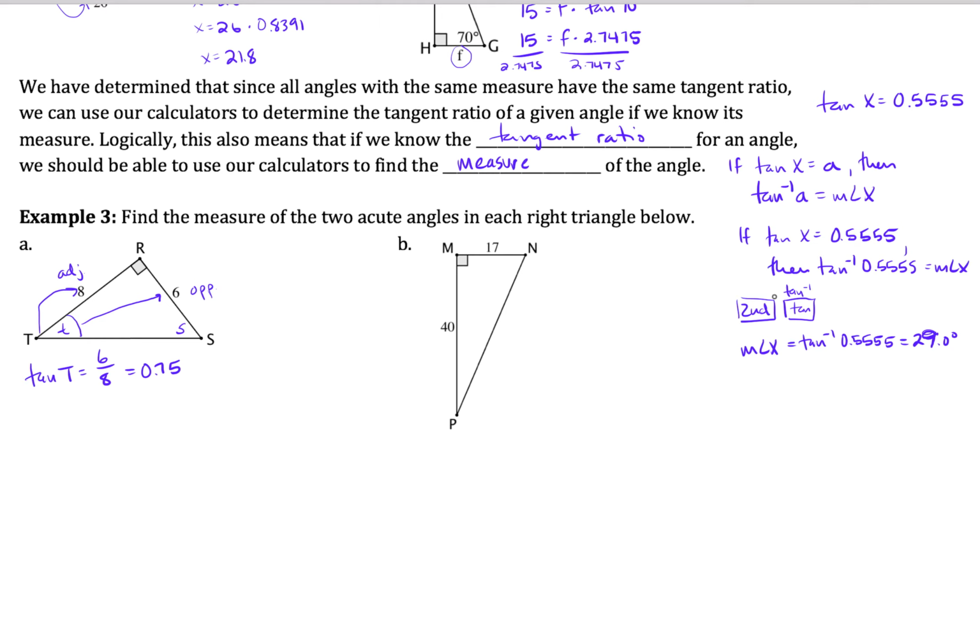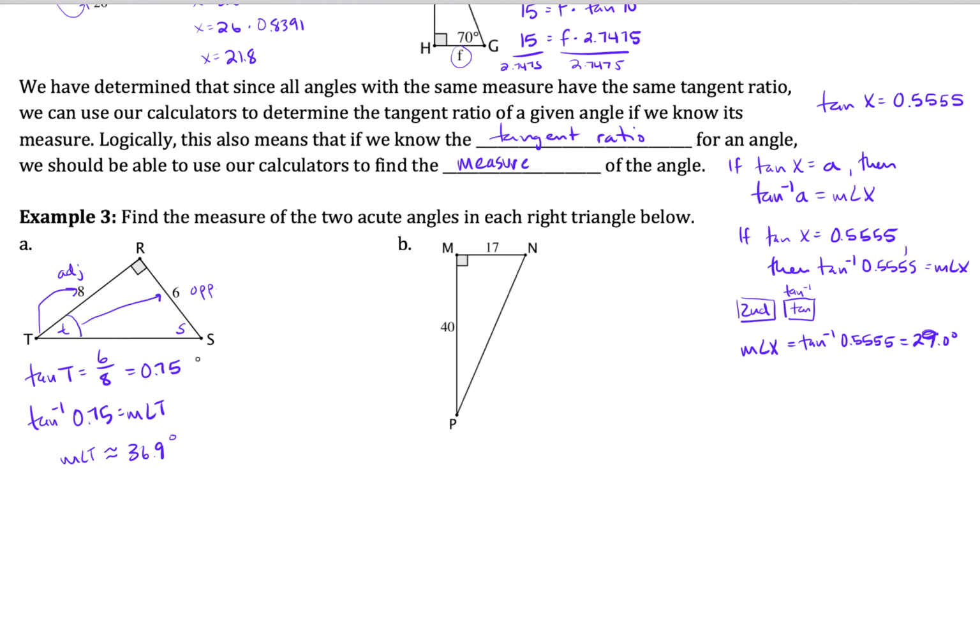Now applying what we just talked about, if we do the tangent inverse of 0.75, it should tell us the measure of angle T. So I grab my calculator, and I do tangent inverse of 0.75, and it tells me that the measure of angle T is about 36.9 degrees.